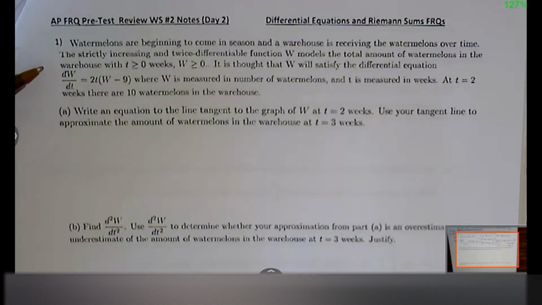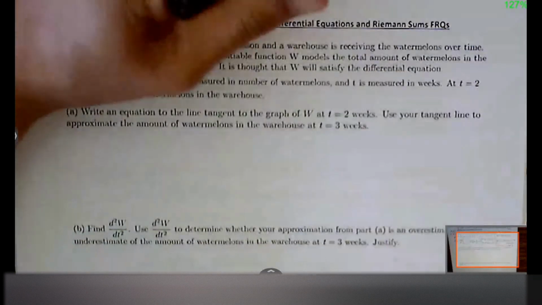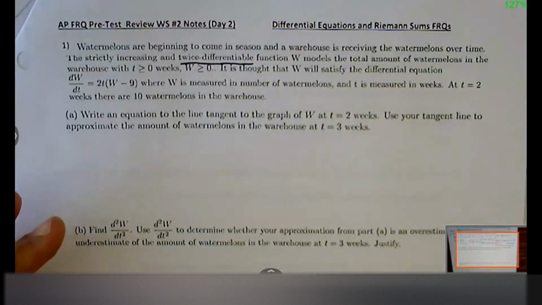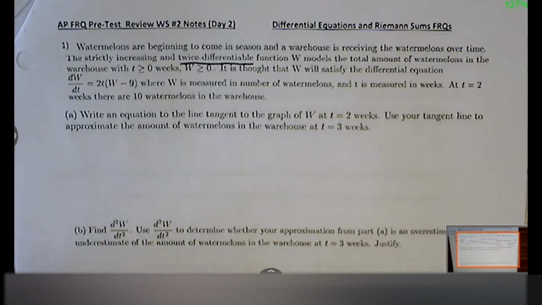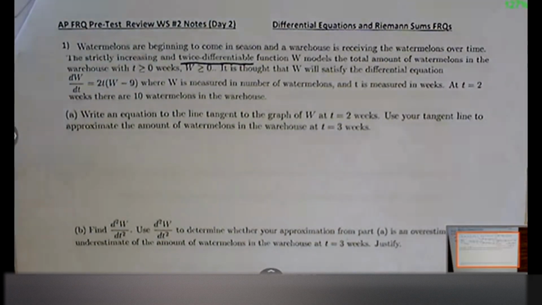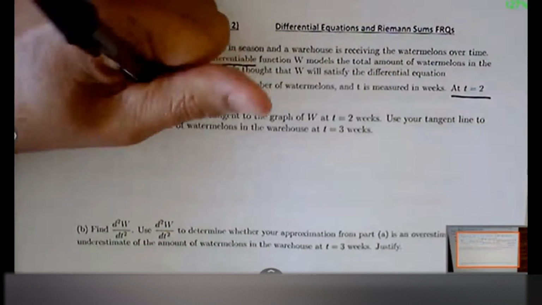The strictly increasing and twice differentiable function W, a smooth curve, models the total number of watermelons in the warehouse with t greater than or equal to 0 weeks. It is thought that W will satisfy the differential equation dW/dt, where W is measured in number of watermelons and t is measured in weeks. At t equals 2, there are 10 watermelons in the warehouse.